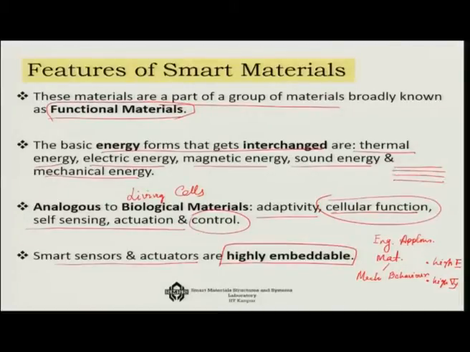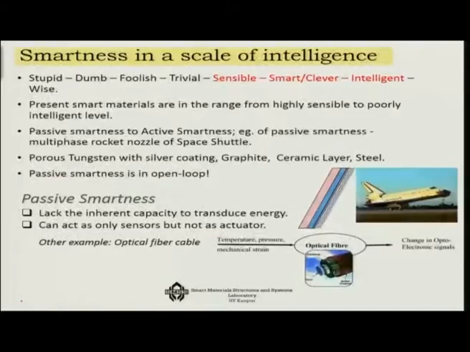There are several laminae, suppose in a composite beam. You can very nicely embed one smart sensor inside, which will give us all the information related to stress, strain, temperature, crack propagation, and so on and so forth. So these are some of the advantages of smart materials.